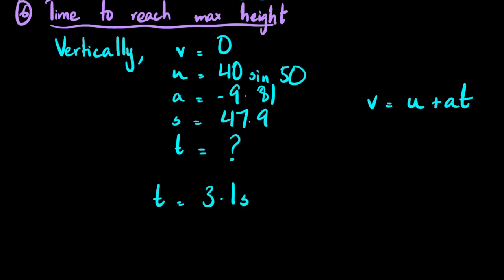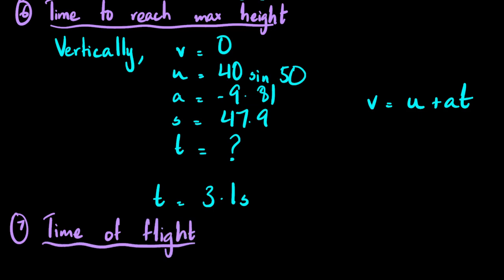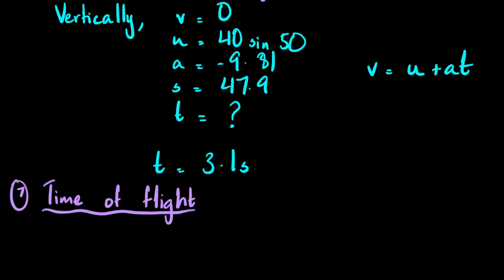If I now also ask what is the time of flight, which is the total time for which the projectile is in the air. So again, to answer this part as well, I can use ideas related to symmetry, which is that from the point when it's projected to when it reaches its maximum height, if that takes 3.1 seconds, it would also take another 3.1 seconds on the way down.